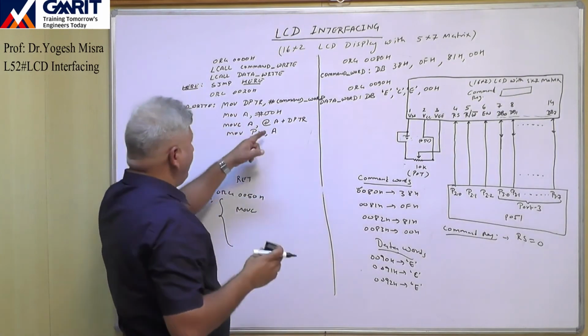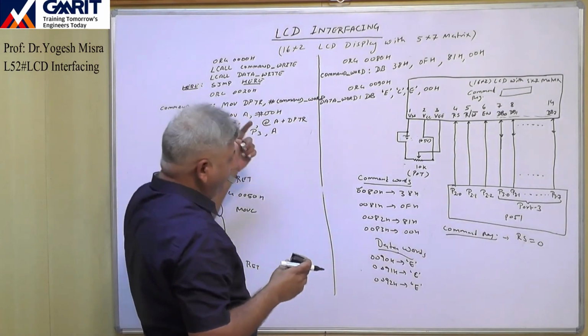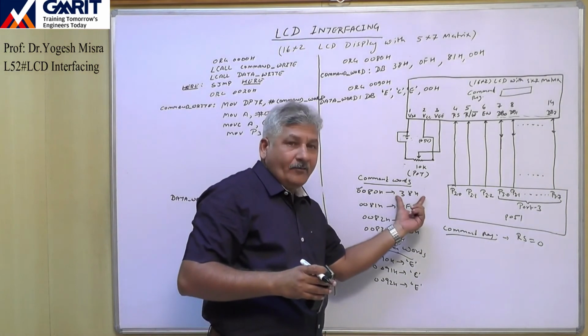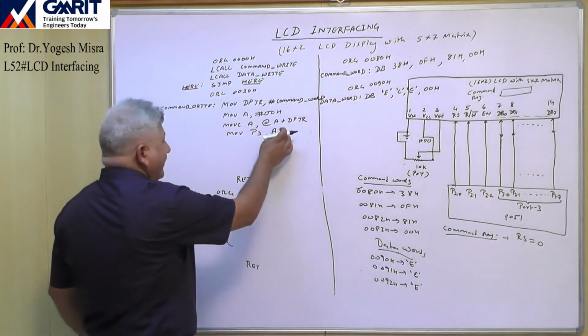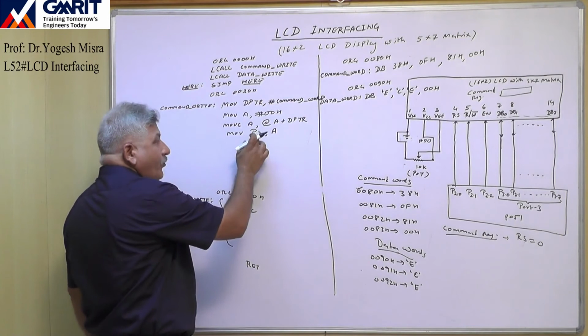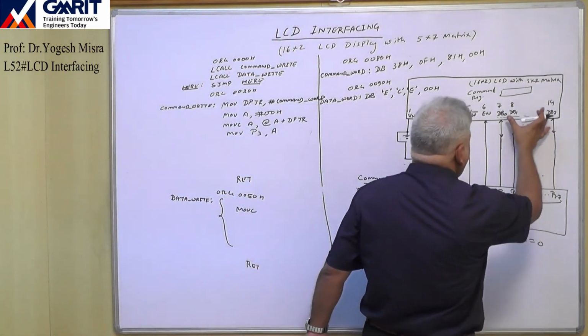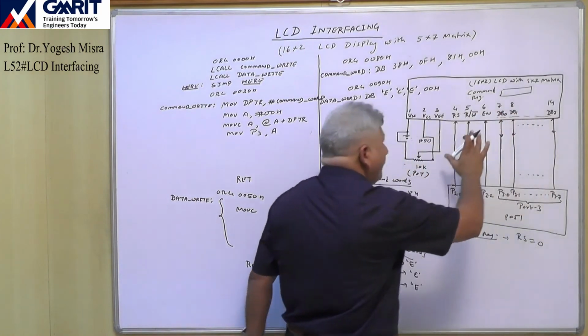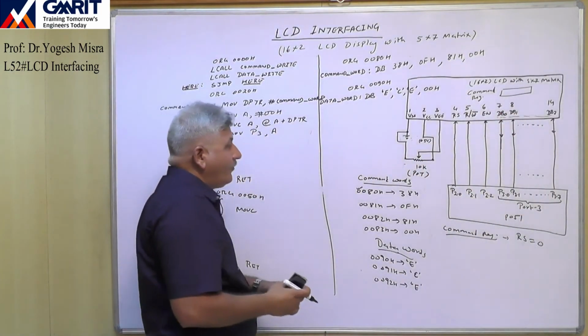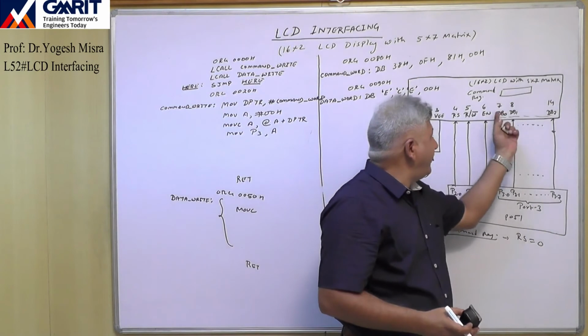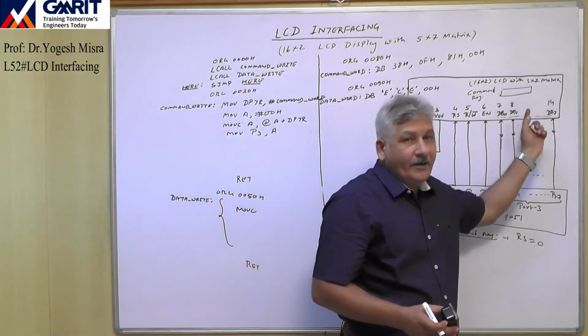In A, we have already transferred the command word 38H, right? So that 38H will be transferred to port 3. Since port 3 is an output port connected to the 8-bit data line of the LCD, the command word 38H is available over this 8-bit data line.